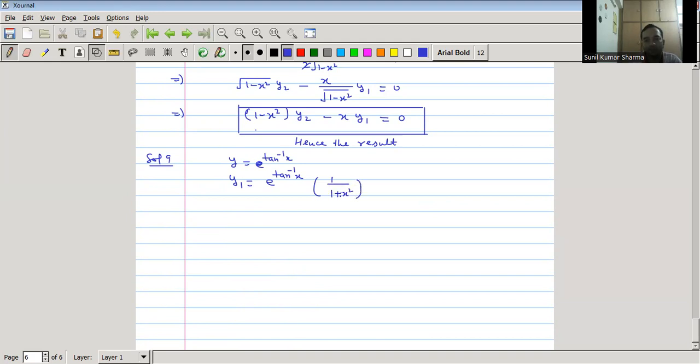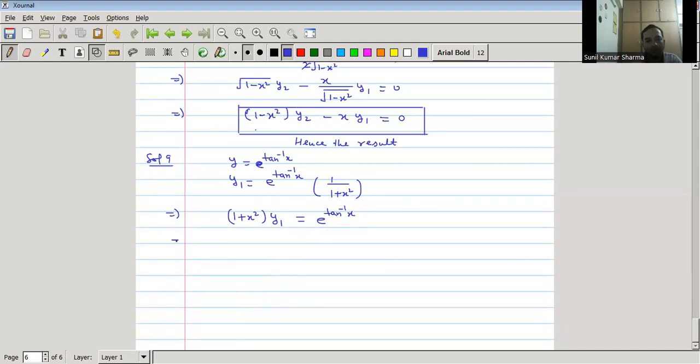So what is my next step? Can you tell me? Yes. So we multiply by 1 plus x square. To the left hand side, we get (1 plus x square) y1 equal to e to power tan inverse x. And e to power tan inverse x is y.